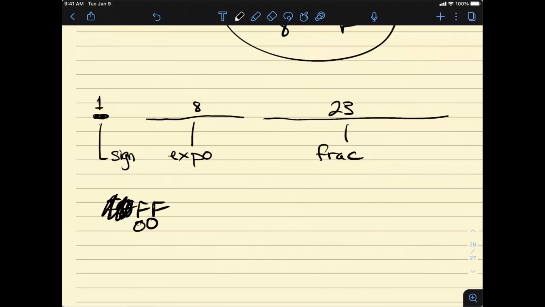So these 2 values in the exponent are reserved. And FF, if I remember correctly, I may be getting these backwards, is going to be infinity. And the other one, I believe, is going to be not a number.